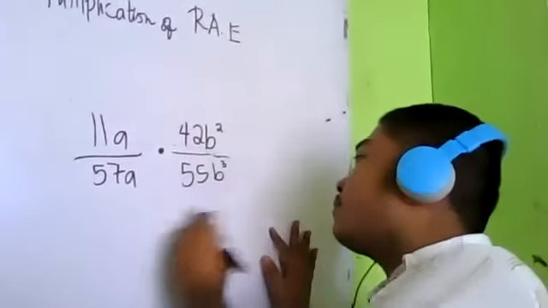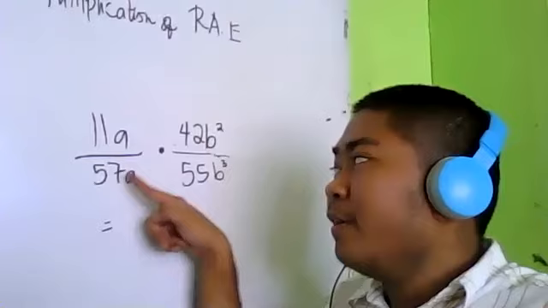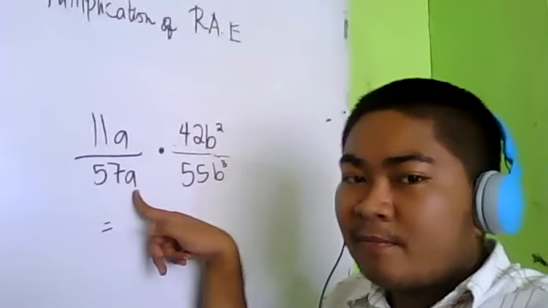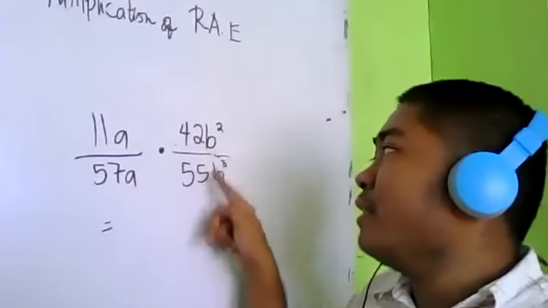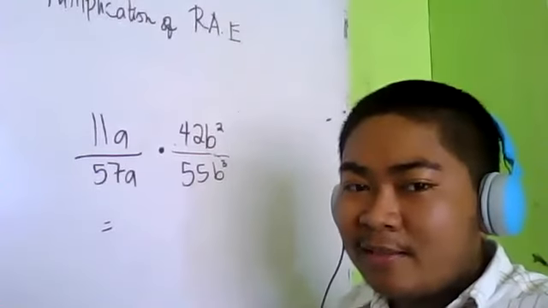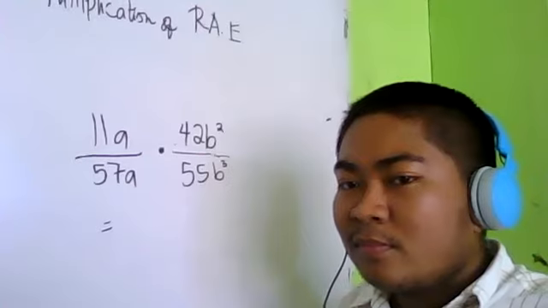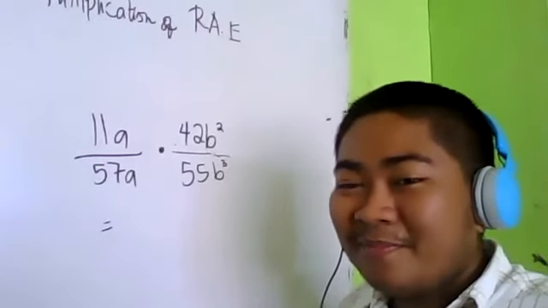Look at this example: 11A over 57A times 42B squared over 55B cubed. So is it a bit difficult?